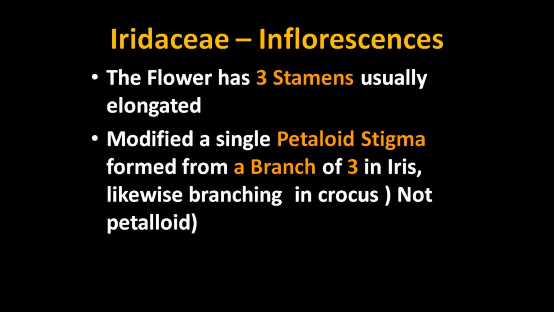In summary, we have 6 tepals either arranged in 2 whorls of 3 as an inner and outer perianth, or in 2 forms of 3 as standard petals or fall petals. We have also 3 anthers and a modified trifid petaloid stigma extending in 3 directions. The ovary is inferior, that is to say, beneath the flower parts or perianth.